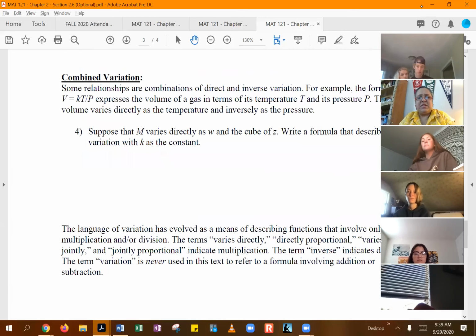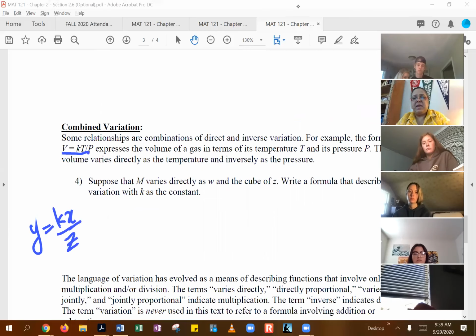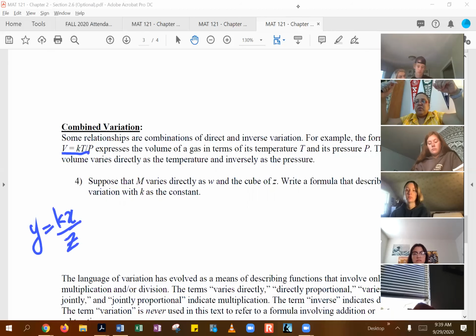For combined variation, they don't actually give you a distinct formula here, but combined variation means you are combining both direct and inverse variation together. That means if y is going up, then the x variable is also going up, but the z variable is going down, which means two of the variables would grow, but one would decrease.